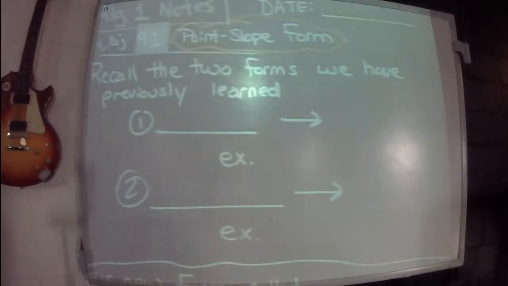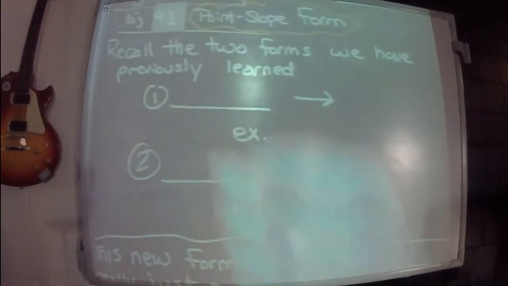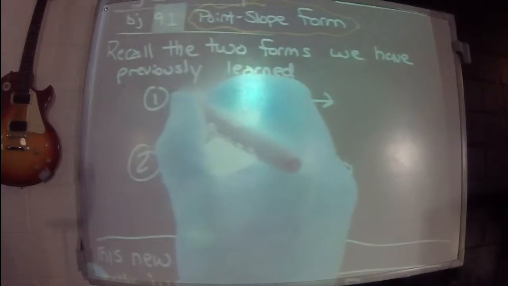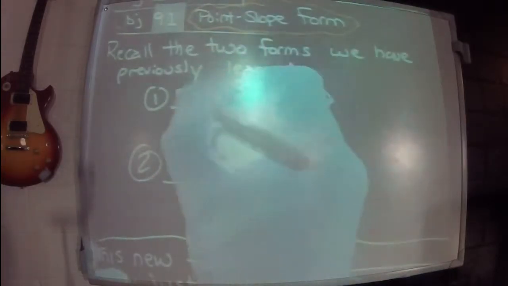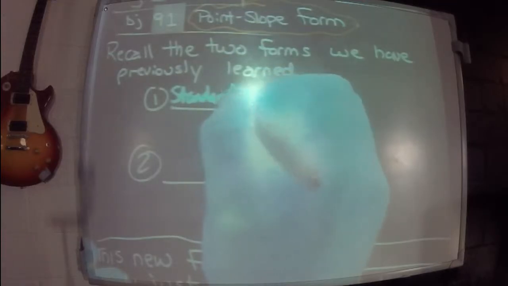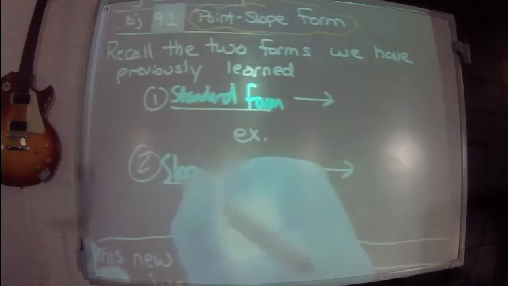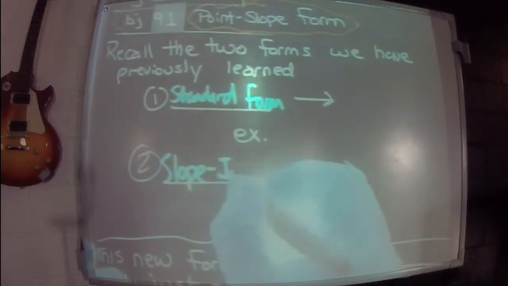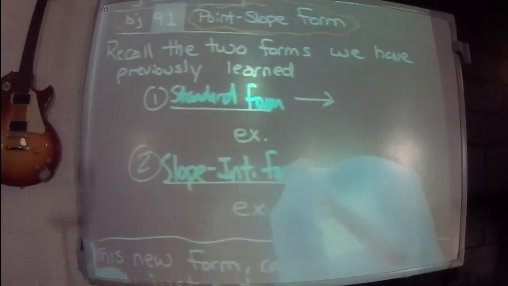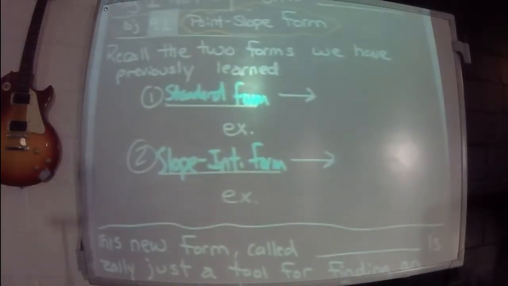Recall the 2 previous forms that we learned about. What were they? Standard form, and then slope intercept form. And then standard form, forget about the ax plus by equals c.